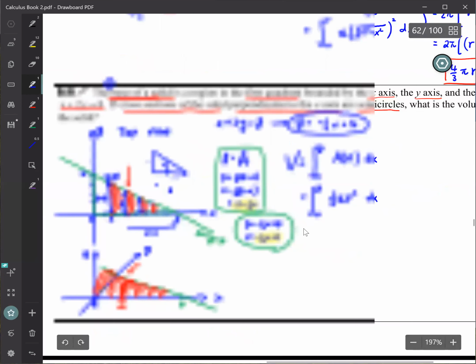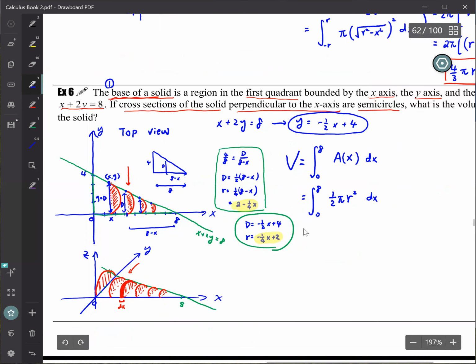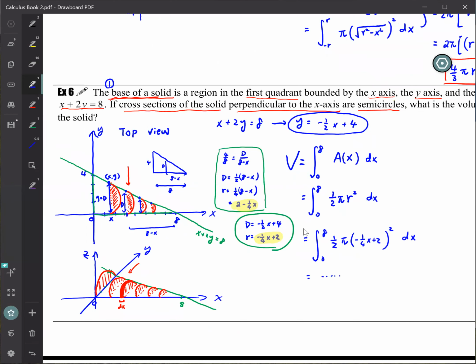Okay, so now we found the radius. All we need to do is plug into the formula, right? So 0 to 8, half pi r squared dx, where r is negative 1/4 x plus 2. After that is a bunch of FTC, the fundamental theorem.